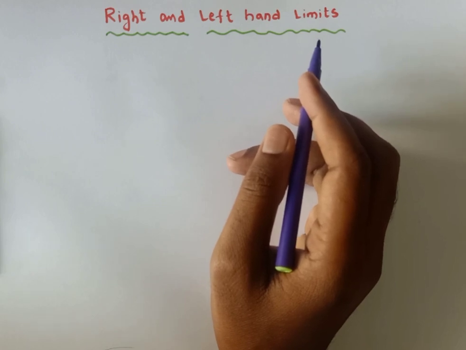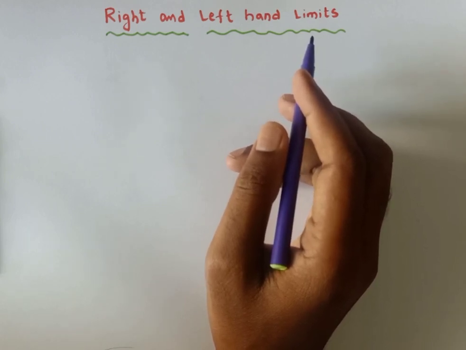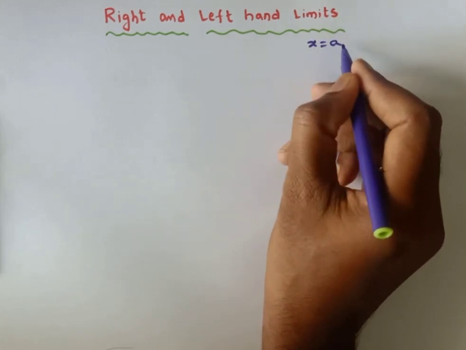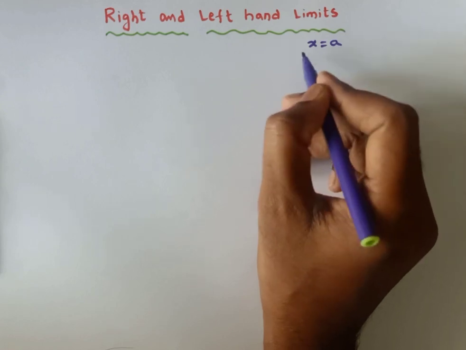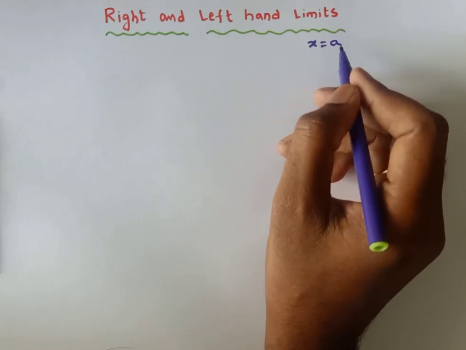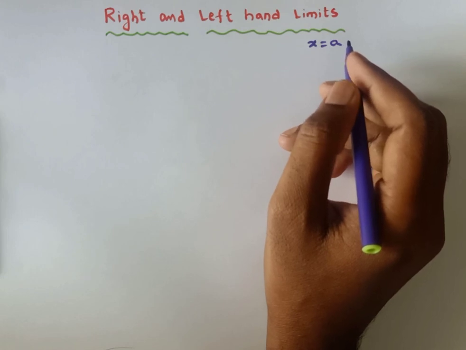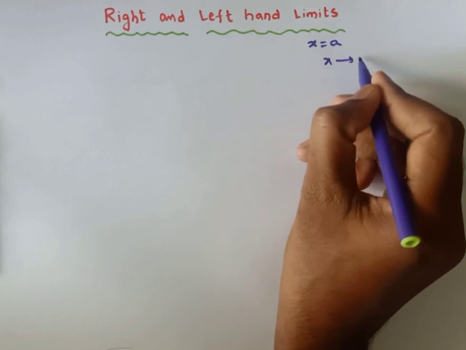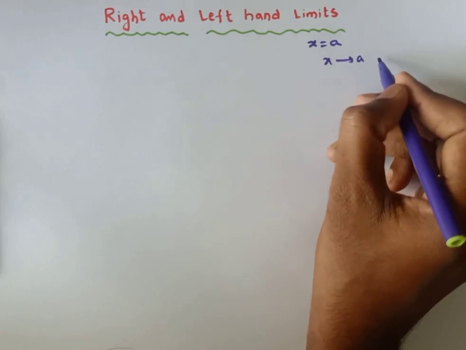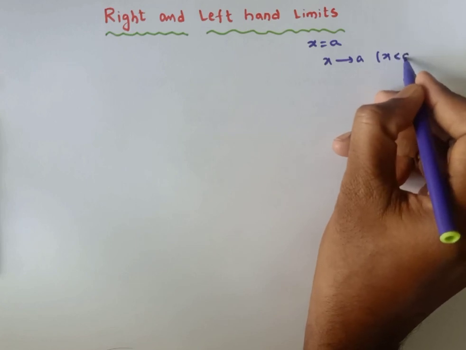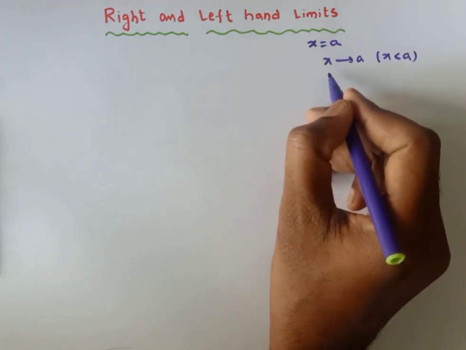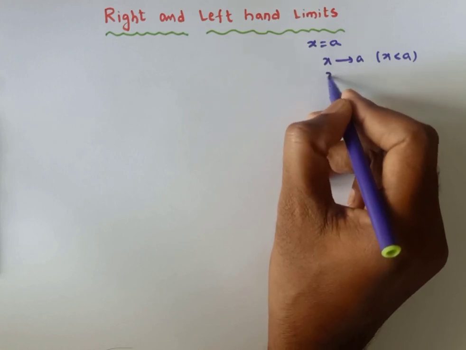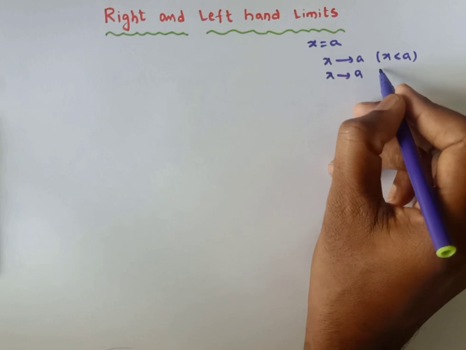In the previous lecture we studied the limit of a function at a given point x equals a. Now we will extend the concept of a limit to one-sided limits: the limit as x goes to a from the left hand side, that means x is less than a, and the limit of f of x approaching L as x goes to a from the right hand side.